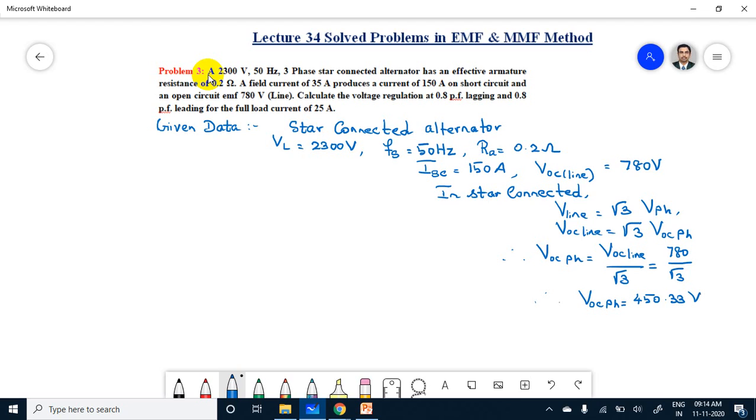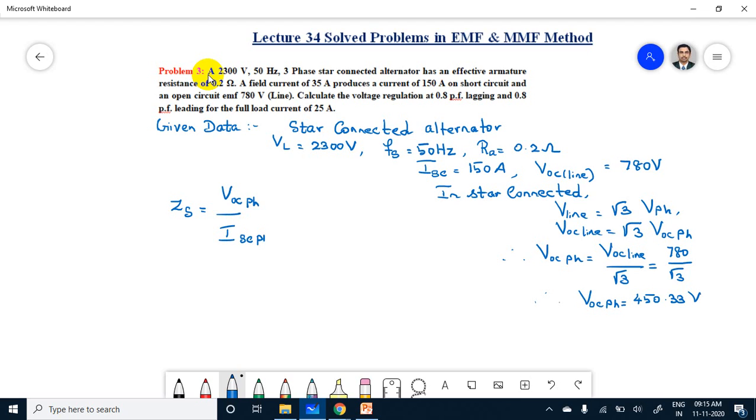Now we have to calculate the impedance ZS. Impedance ZS equals the ratio of voltage to current, that is VOC phase, the open circuit voltage, divided by the short circuit current.